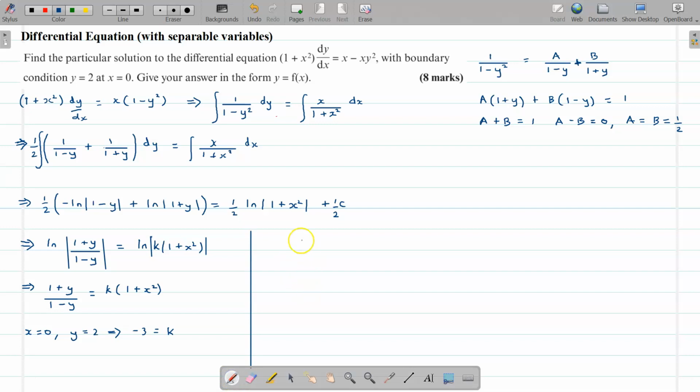So here we go. So we have 1 plus y, and I'm going to multiply both sides now by 1 minus y. So 1 plus y equals minus 3 times 1 minus y, I've just brought that denominator up to the right, times 1 plus x squared.